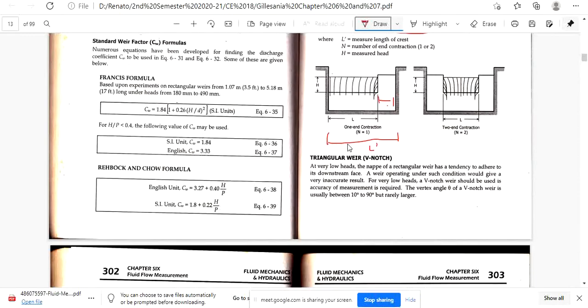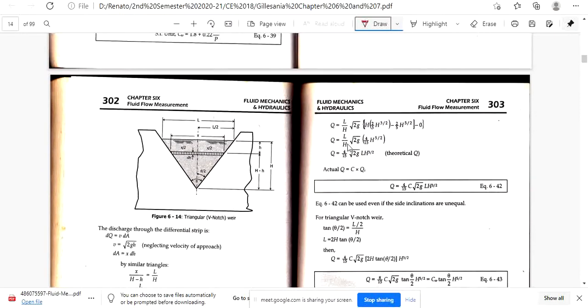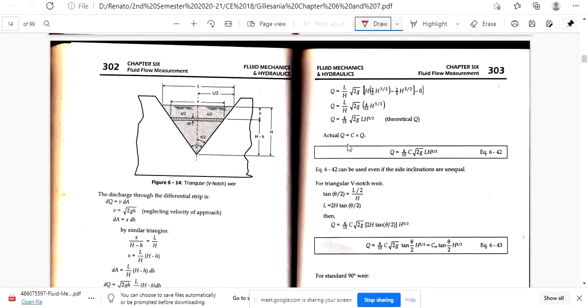Kani. So for a triangular ware or a V-notch, so kani, this is your theta. So nakailaing formula for 90 degrees nga angle og napo kailaing nga formula og less than or greater than 90 degrees.